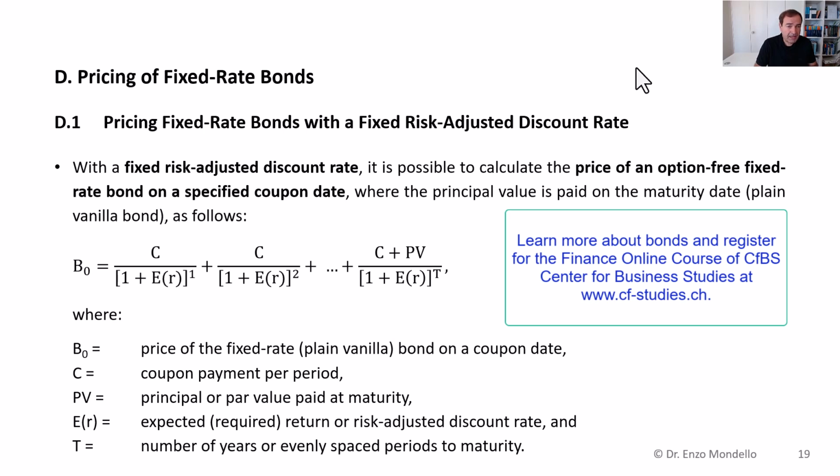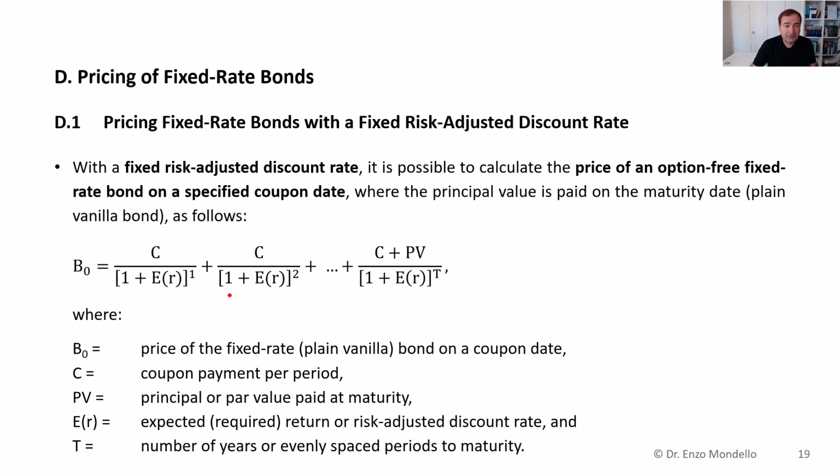So if we now use a fixed expected risk-adjusted return, then to calculate the bond price, we can take the expected cash flows, which consist of the coupon payments and the par value at maturity, and these expected cash flows are discounted back with the expected return.